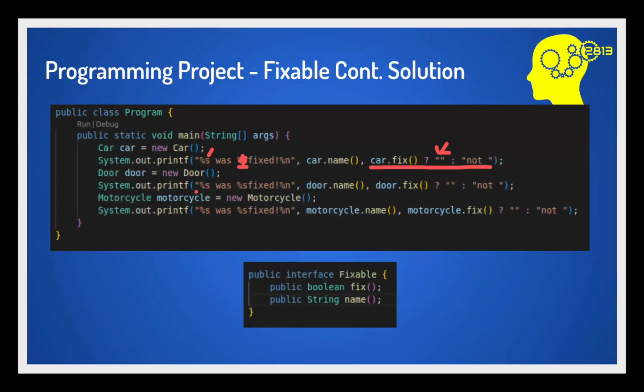And if you have a door called, I don't know, my door, and the door is not fixed, so this returns false, then it's going to go to this one, and you'll get my door, and then was not fixed, and then new line.